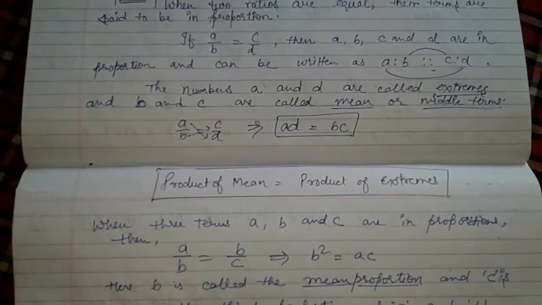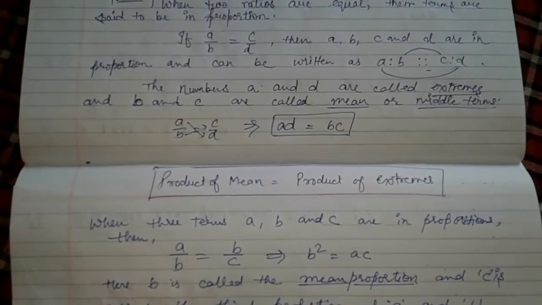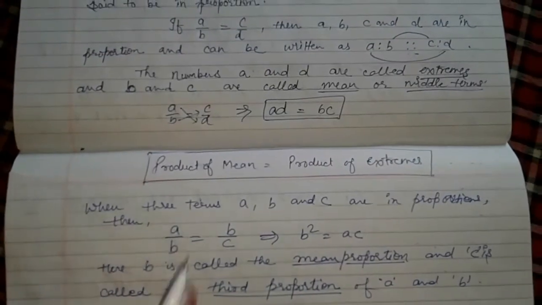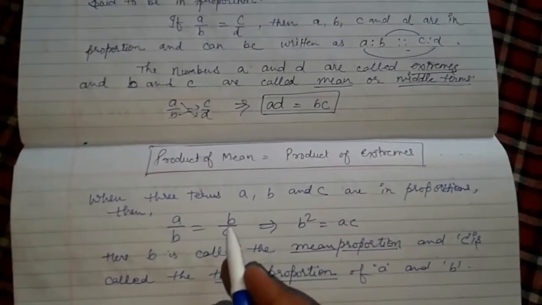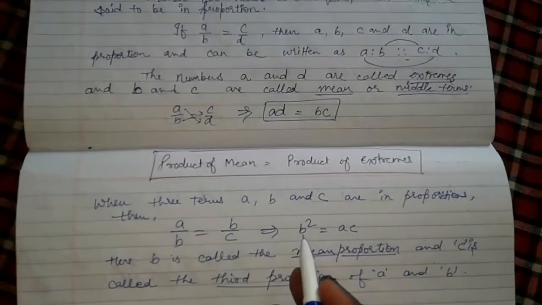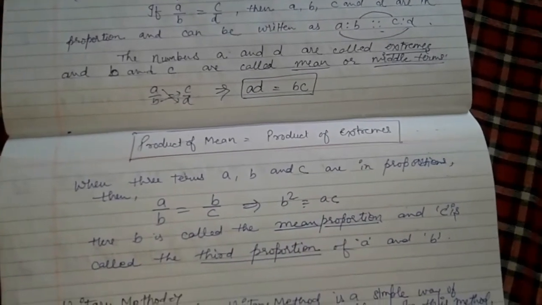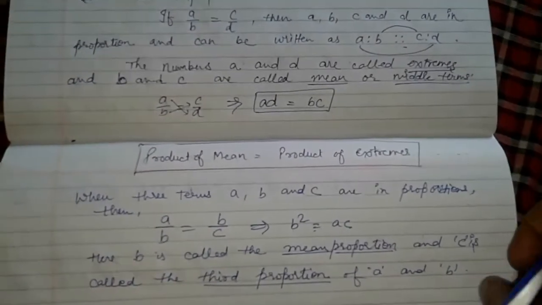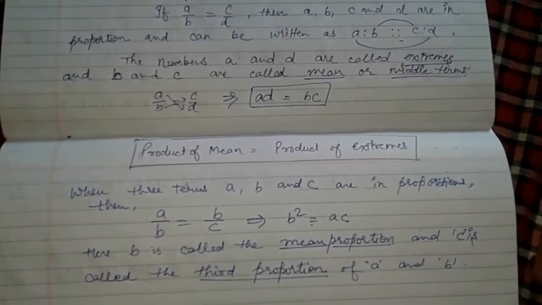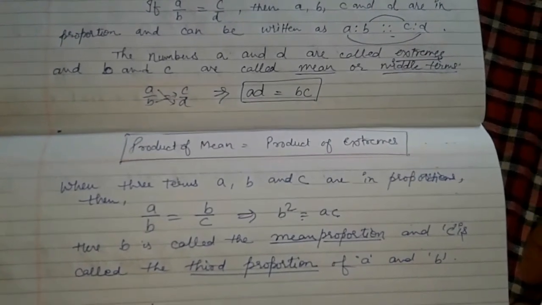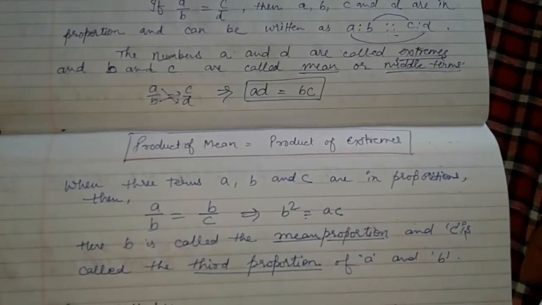When three terms A, B and C are in proportion, then A upon B equal B upon C. That is B square equal AC. Here B is called the mean proportion and C is called the third proportion of A and B.